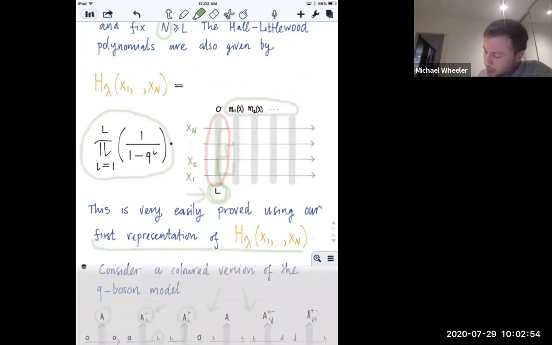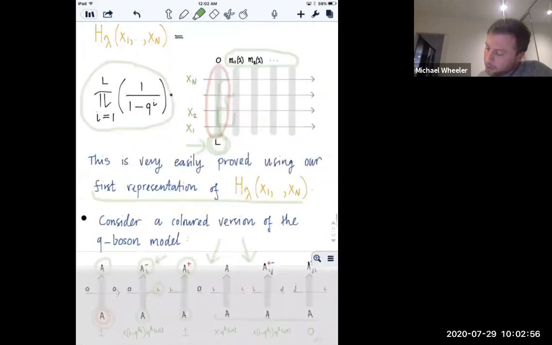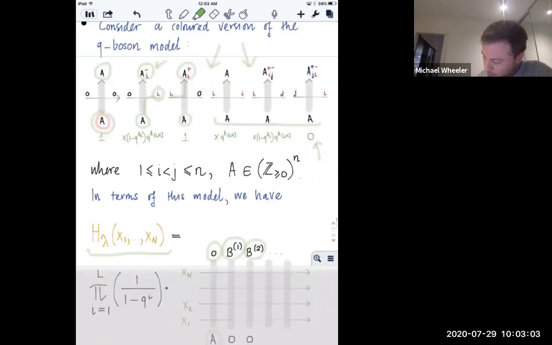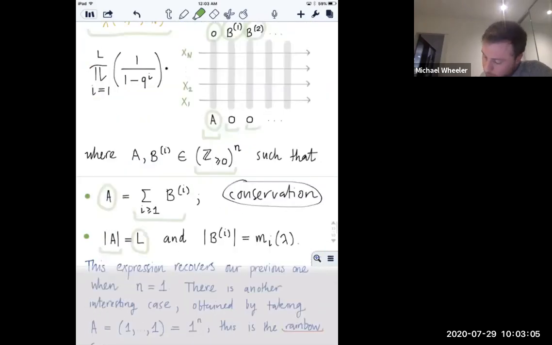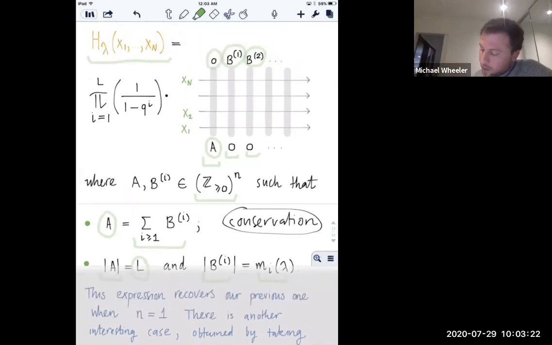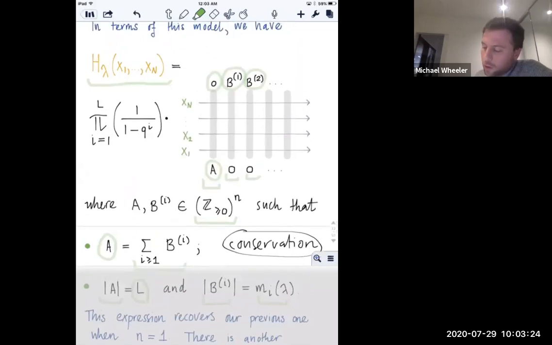Okay. And in a similar vein, you can see that here I'm supposed to have these part multiplicities at the top. And so that means that the sum of the B vectors has to be equal to these part multiplicities here. And so the claim is if I take any A and any set of vectors B that satisfy these constraints, this will give me the Hall-Littlewood polynomials. So actually, this is not really just one formula for the Hall-Littlewood polynomials.